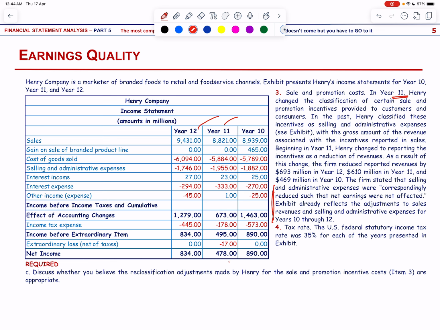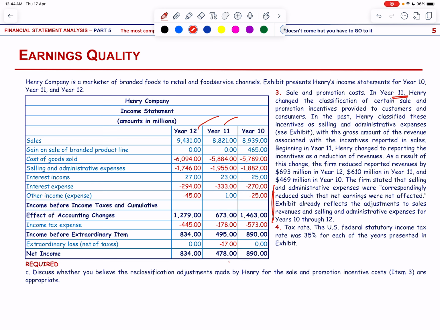So, Henry's incentives were likely not distinct services, but instead incentives tied to the product sales. Therefore, they reduce the amount of revenue Henry ultimately earns from the transaction.